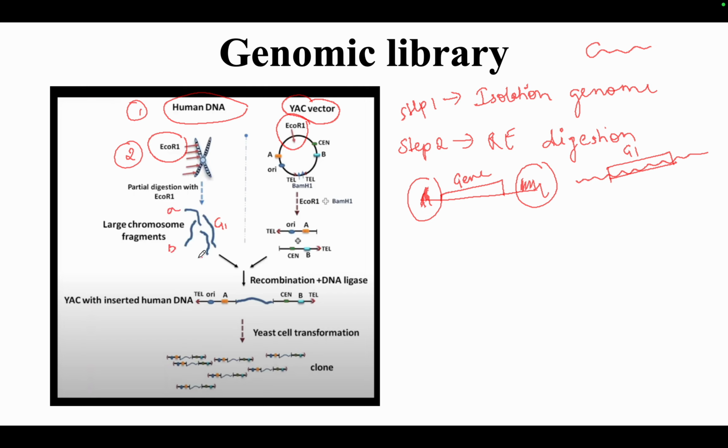Let's label these fragments A, B, C, D. It will package each fragment in these YAC vectors, and then finally we have a recombinant DNA. So these fragments will get inserted here. Let's say this is our fragment A. It will get inserted here, and once each human gene is inserted into the DNA, we'll transform our different vectors into our host cells. Okay, so we'll do a transformation.